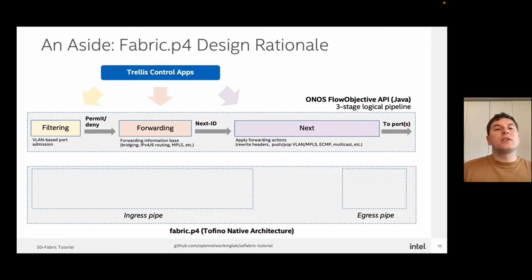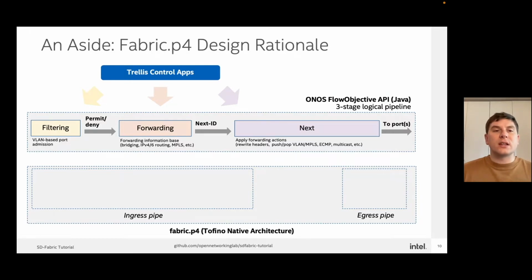The design of fabric.p4 is essentially driven by the control plane. In ONOS, we have the Trellis control applications that use an API called Flow Objective. This is a Java API that abstracts a three-stage logical pipeline. These three stages are filtering, forwarding, and next. A filtering objective is used to do VLAN-based port admission.